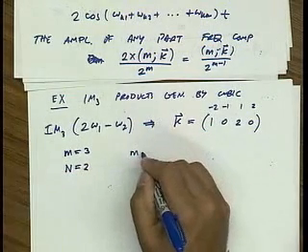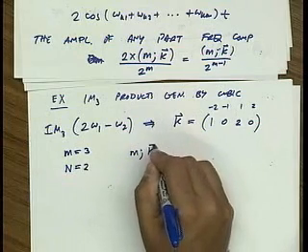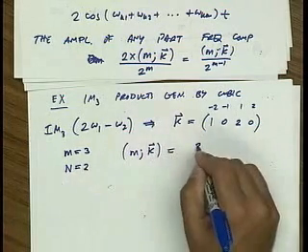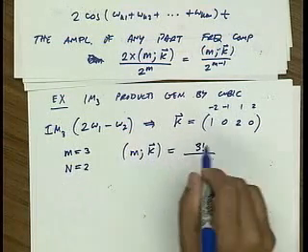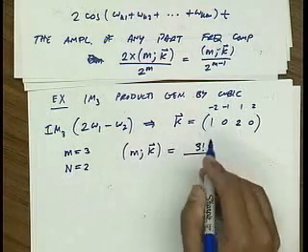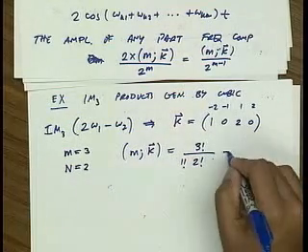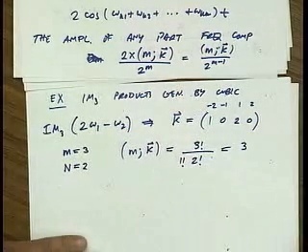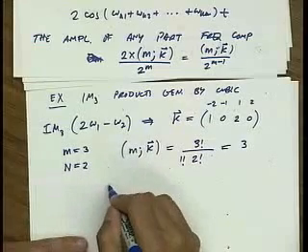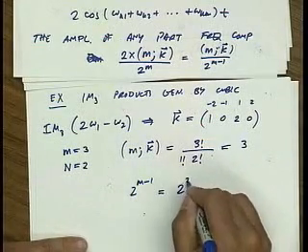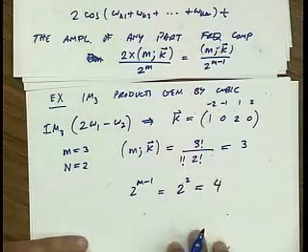So if I take my m choose k-vector, m factorial is 3 factorial, and then I just take the two non-zero terms here, 1 factorial and 2 factorial, and I get 3. Okay? And then I also have on my denominator 2 to the m minus 1, so that's 2 squared, or 4.